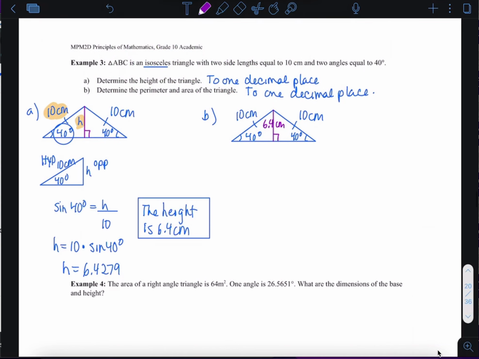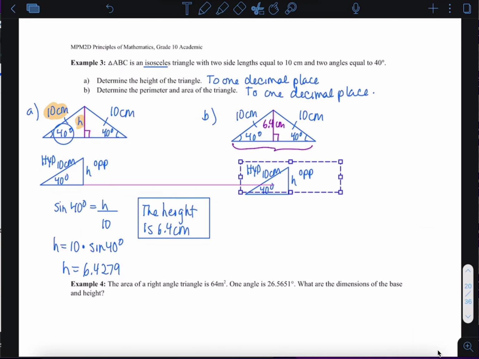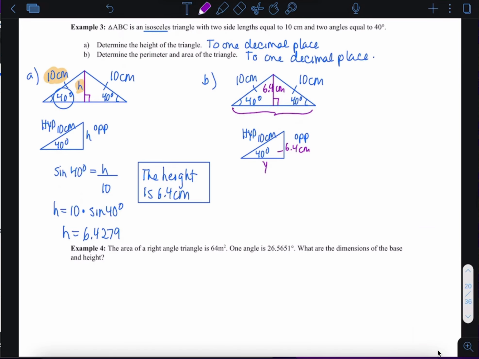So what I actually need to know for the perimeter is this length. And to find that length, essentially, I'm going to duplicate this again, and I can erase this. I know this is 6.4 centimeters. And now I want to find this distance. We can call this y.